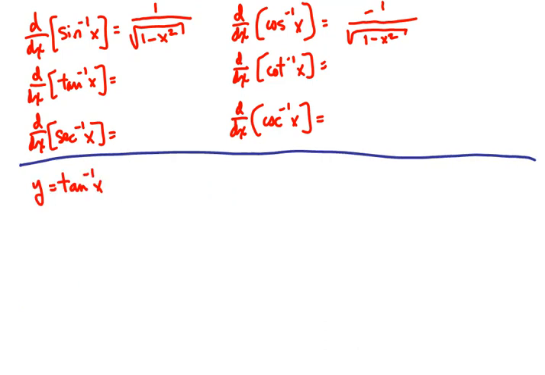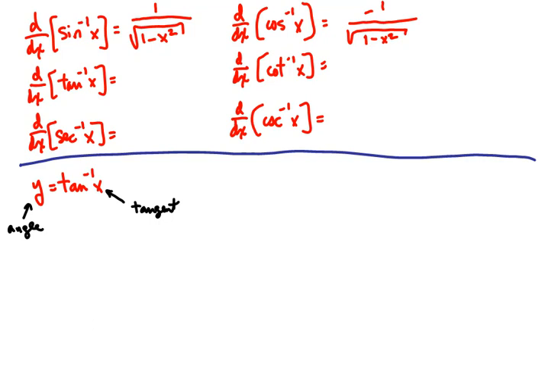Okay, so next we'll go to the function y is equal to the inverse tangent of x. And again, when we're using an inverse function, instead of giving it an angle and getting a tangent back, we're giving it the tangent and getting the angle back. So in this case, x is a tangent that we're giving, and we're getting back an angle, which is y.